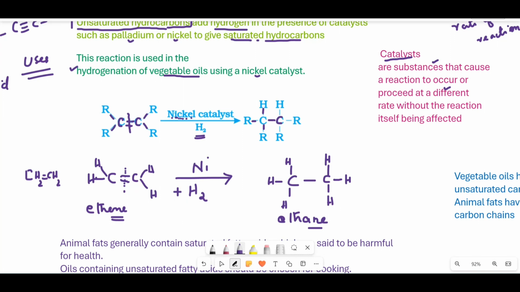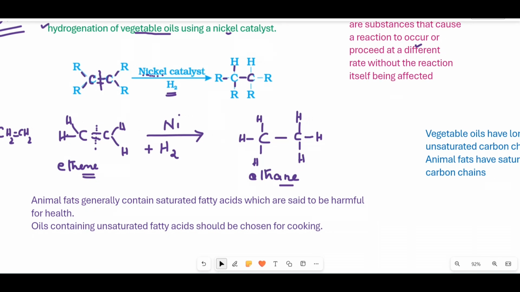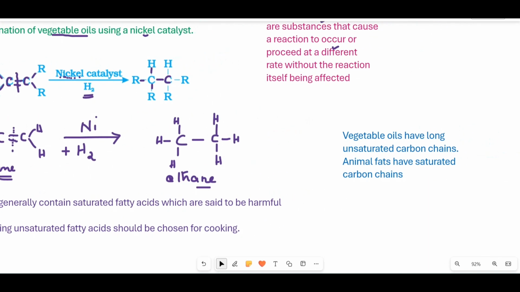And as I told before, this reaction is used for the hydrogenation of vegetable oils. Vegetable oil will be converted to saturated compounds by using nickel catalyst. This is one important point you have to note: vegetable oils have long unsaturated carbon chains.